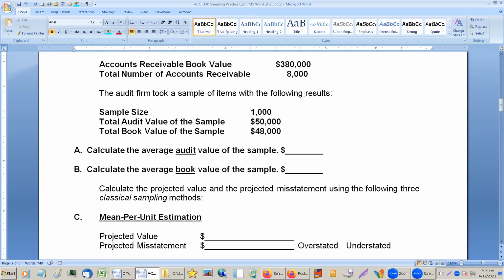We take 1,000 of the 8,000 items, and we'll come up with an audit average and a book average.